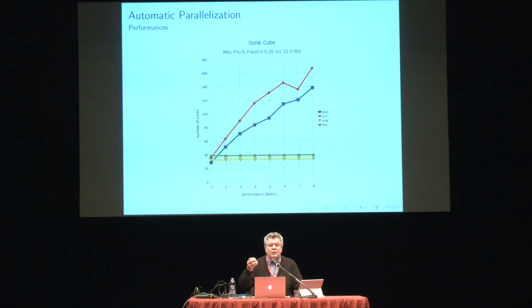It's very rare that you can do that, but in this case you can multiply the performance, I think, by 6, something like that, which is quite good. And doing parallel programming manually is quite a complex task. Again, it's useful to have the Faust compiler do that for you.